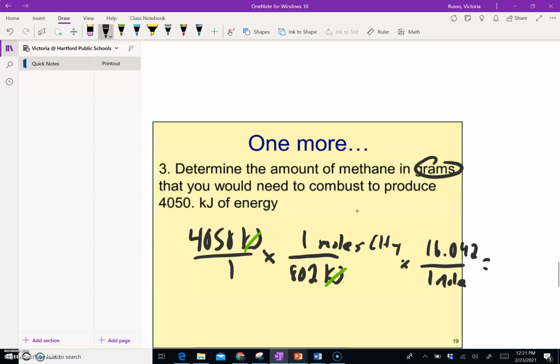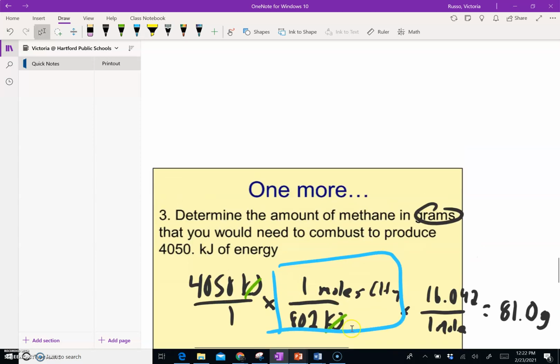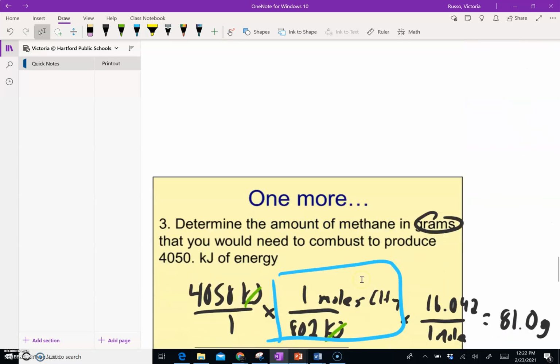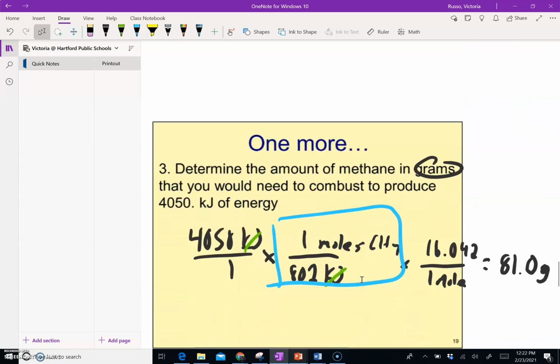With sig figs, and you should check to see that you can do the math okay, it's 9.0 grams. Notice that in this problem, when they started with the kilojoules, we flipped this conversion factor. Here, the energy was on top when they started with grams. When they start with the energy, it is now on the bottom.